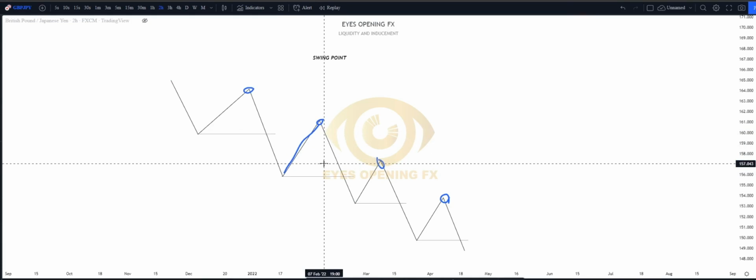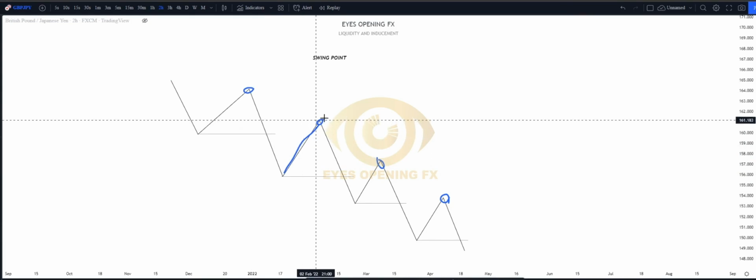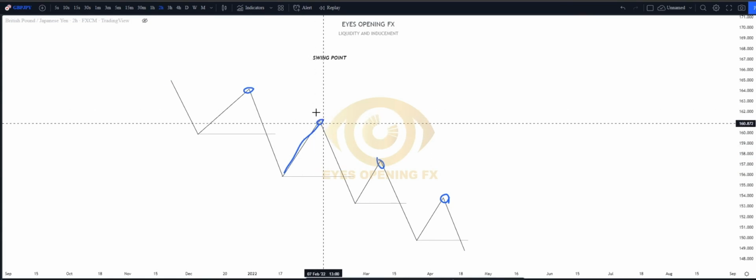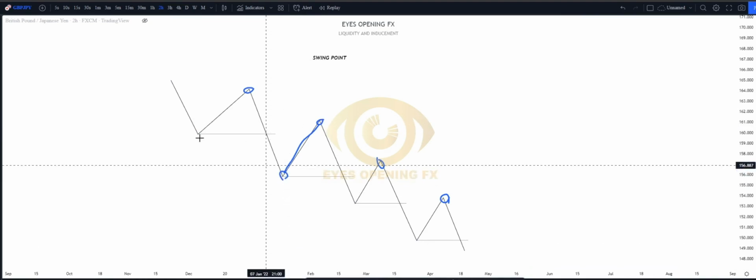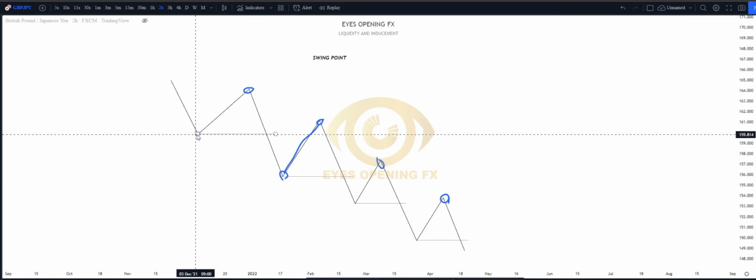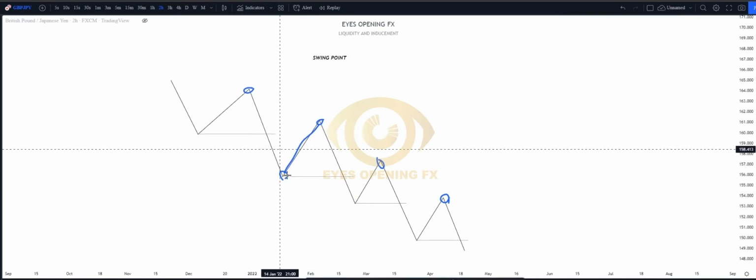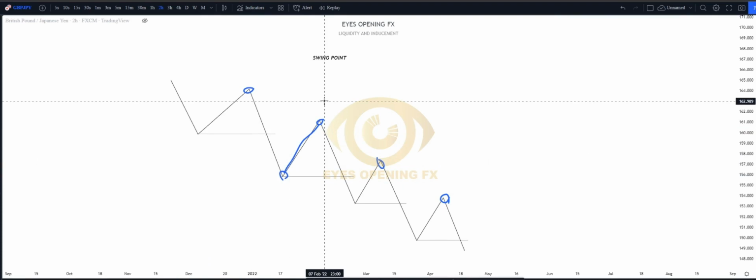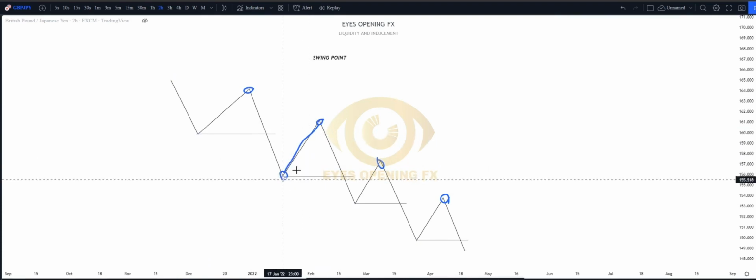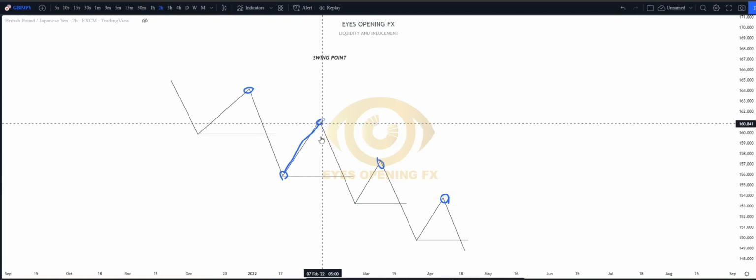Right, there must be the highest high there for us to say that this is the swing point high. So this low is a swing point low. Why? Because it's the lowest low that was formed after the market broke this low before this buy move occurred. All right, so that's what we call a swing point low and a swing point high.